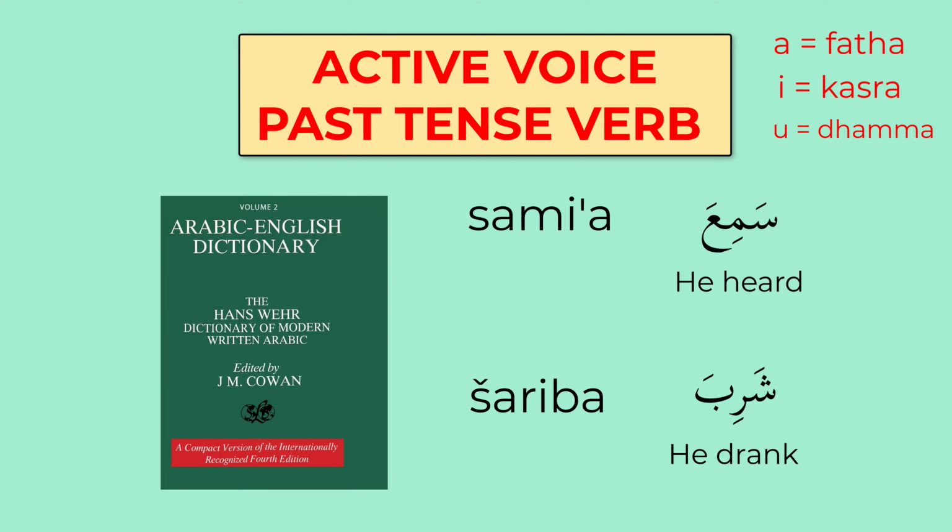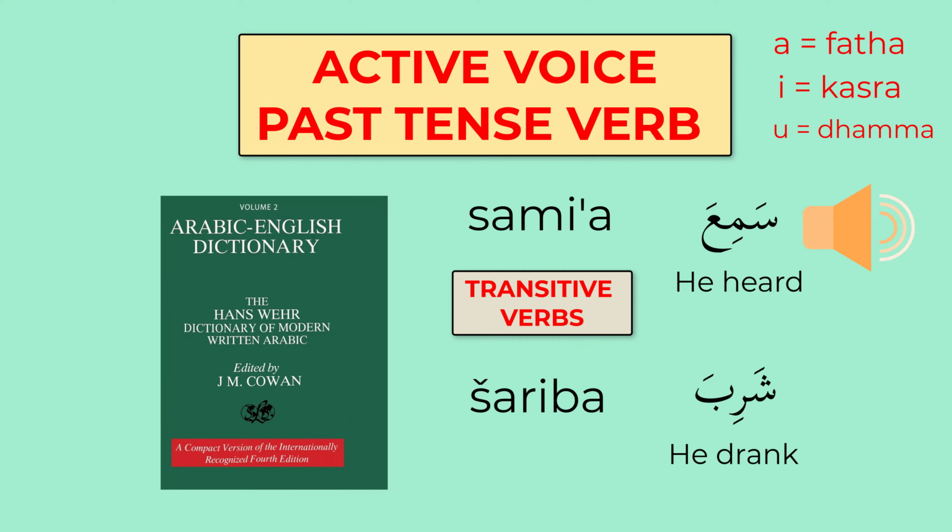Now, can you guess whether these two verbs, sami'a and shariba, are transitive or intransitive? You probably guessed it. They're transitive. Because for he heard, you could ask, what did he hear? Or who did he hear?